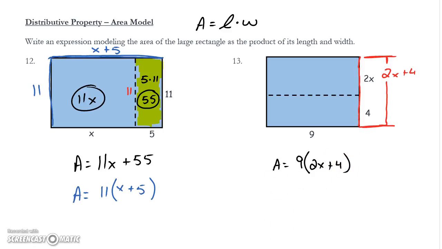Then, if I were to use the distributive property, 9 times 2x is 18x, and 9 times 4 is plus 36. Well, that's what I have here. This piece here would be 36, because it's 9 times 4. And the top part would be 9 times 2x, which is 18x. 18x plus 36, or 9 times 2x plus 4.